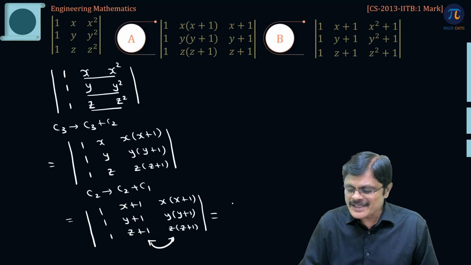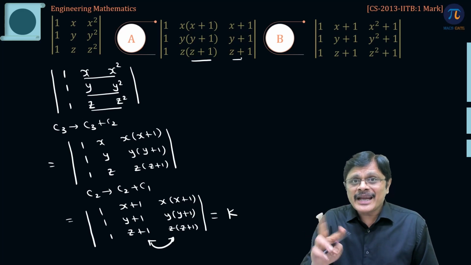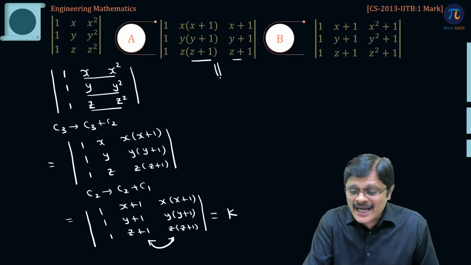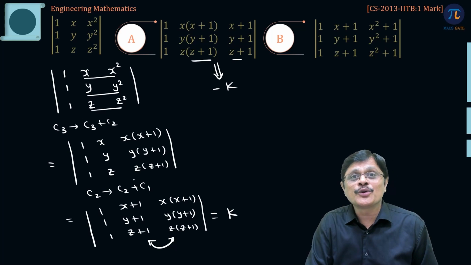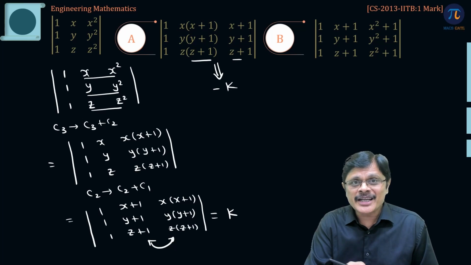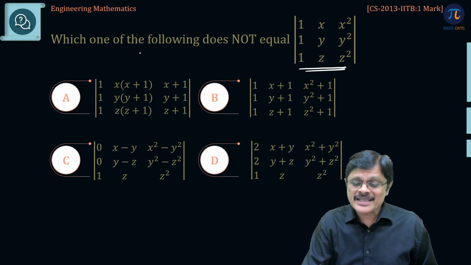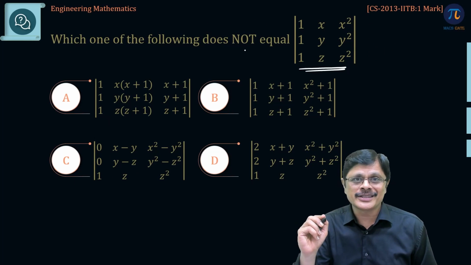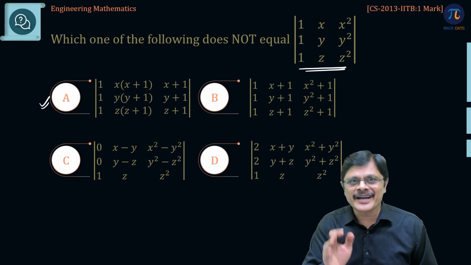So suppose this answer is k; this is obtained by interchanging columns, so this answer would be minus k. So this cannot be equal to the determinant given in option A. So this is the correct answer, because he is asking which of the following is not equal to that. So option A is the answer. So you got the answer readily.